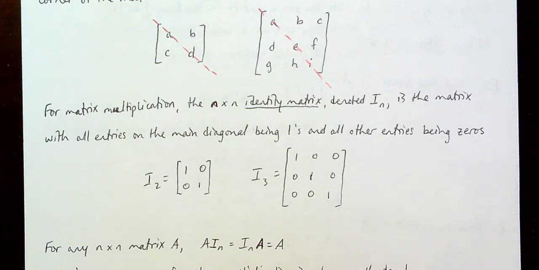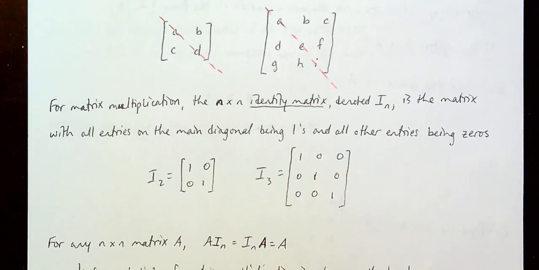It's the matrix with all entries on the main diagonal being ones, and all other elements of the matrix being zeros. These are the identity matrices for a 2x2 matrix and a 3x3 matrix. You can see all entries are zeros except for the ones on the main diagonal, and those are all ones.